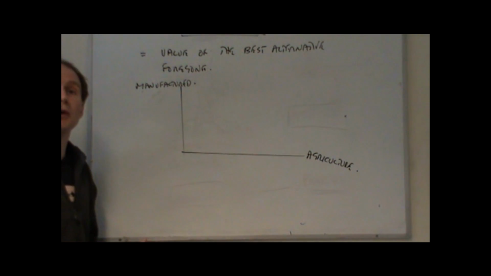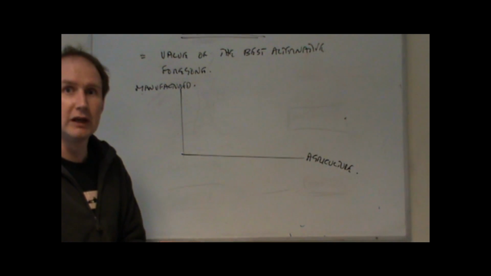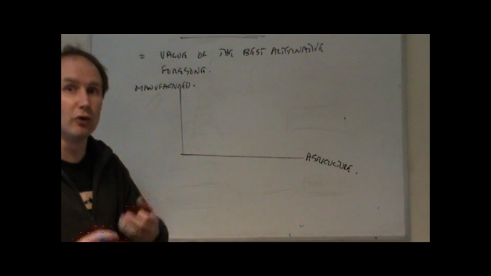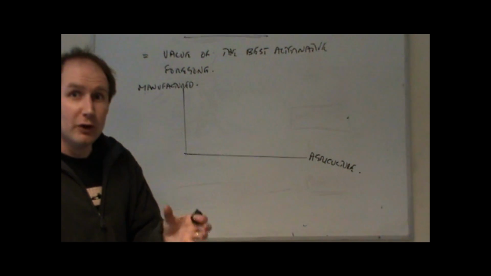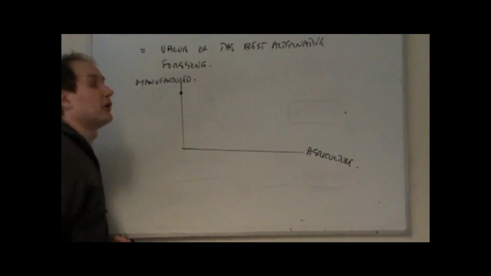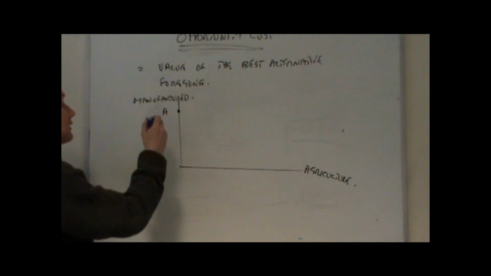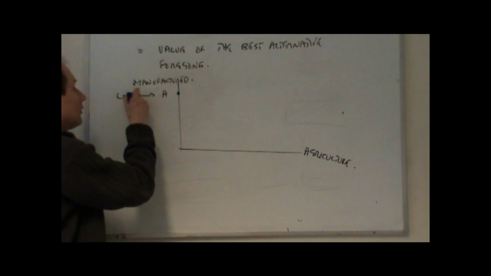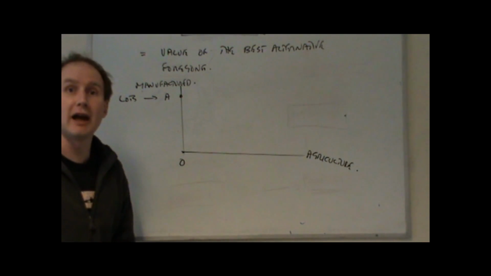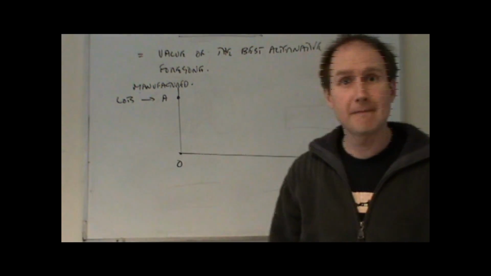So let's imagine what we can do with our resources. What we could do is we could say that all our resources are going to be used to produce manufactured goods. We're not going to bother with agriculture at all. We're all going to starve. If we decide to do that, then the economy will be operating at a point such as that. Point A. What point A shows is that we have lots of manufactured goods, but no agricultural goods.